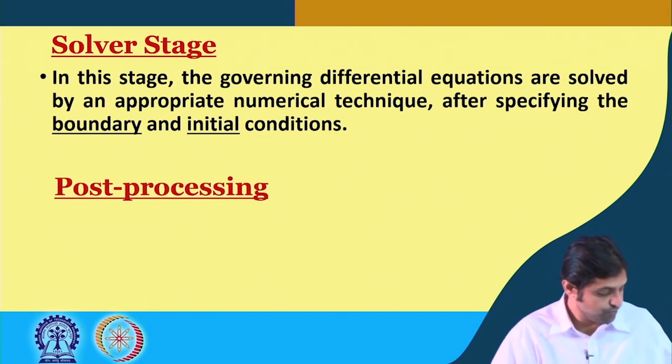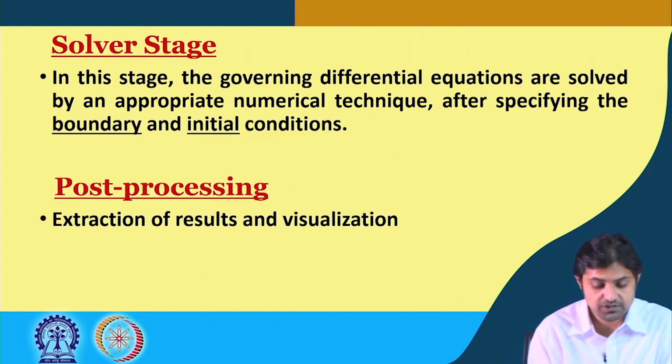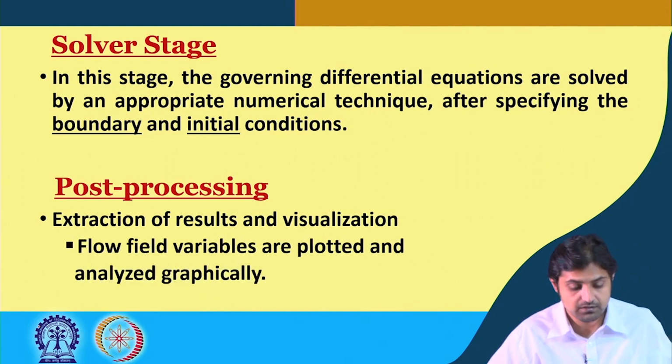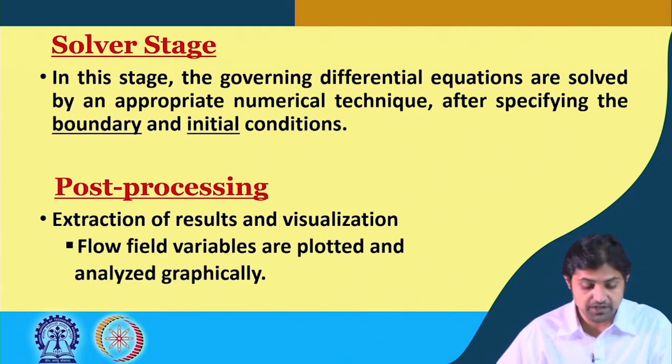And in post processing, the extraction of results and visualization of how the results appear is done. When it comes to extraction of results and visualization, flow field variables are plotted and analyzed graphically. So this is the most common thing to do in the post processing.